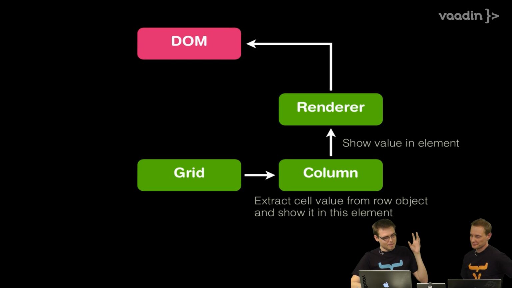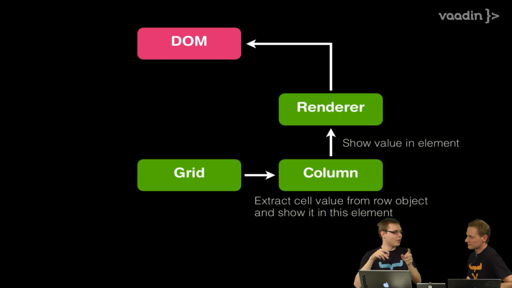Right. Because the challenge here is that the simple way of customizing how the data is shown would be to create a component or a widget, a Vaadin component, or then a GWT widget that shows the data in each cell. Yeah, that has been the way.